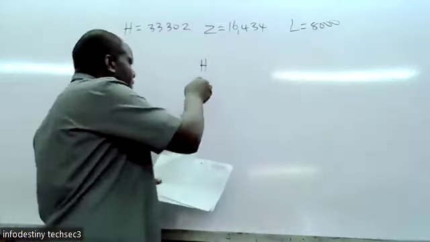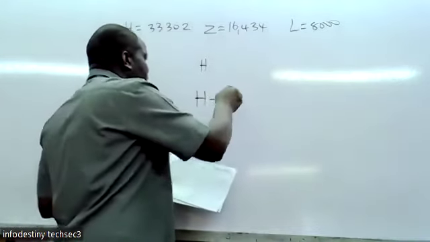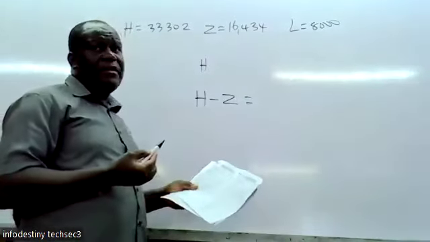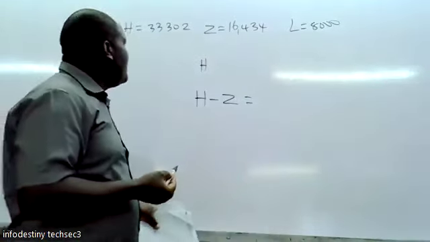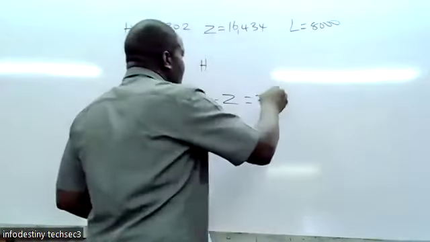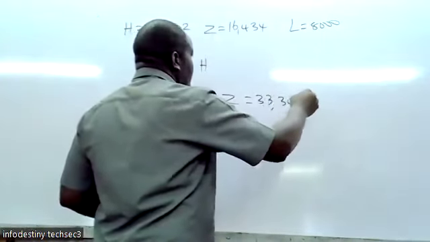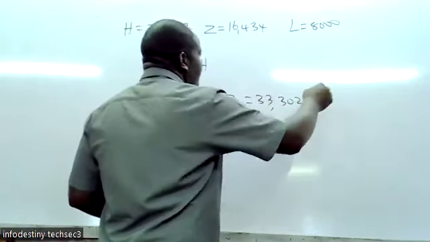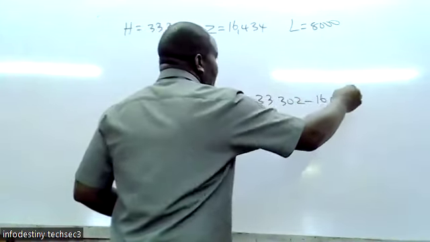The company should invest shillings H minus Z. That is 33,302 minus Z. Z was 16,434.